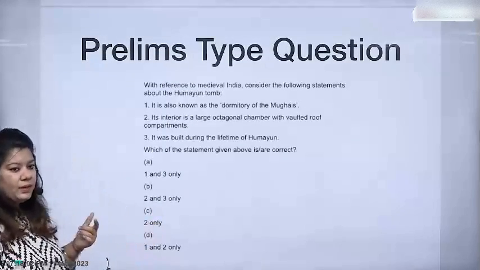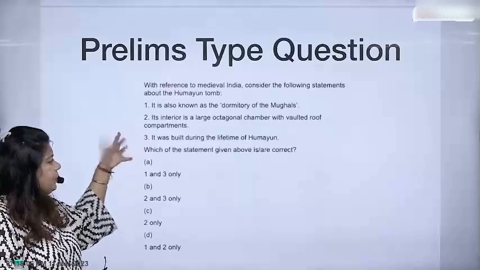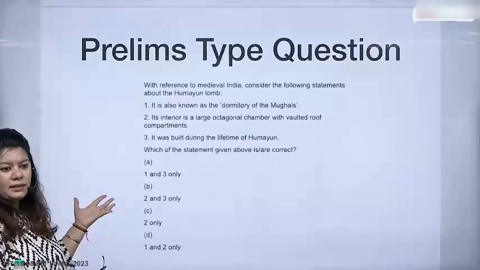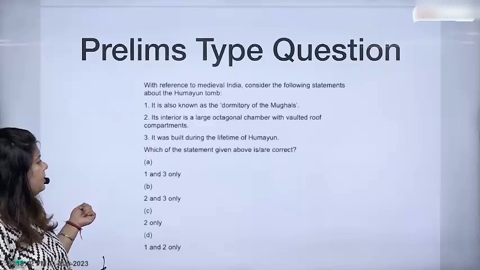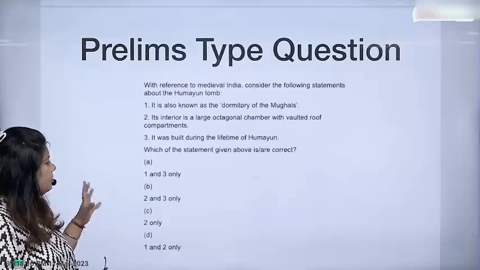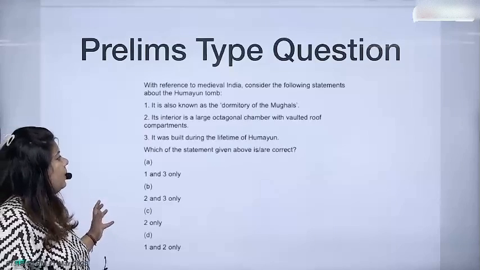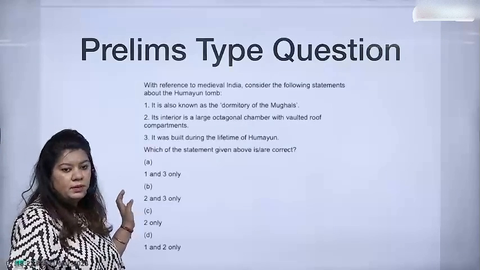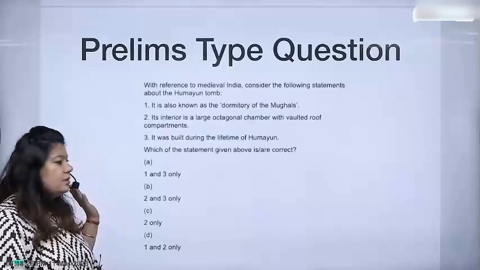Any site will be given to you, like Humayun Tomb, and certain important facts can be given to check you. First, it is also known as the dormitory of the Mughals. Second, the interior is largely octagonal in shape. Third, it was built during the lifetime of Humayun. Is 3 right or wrong?